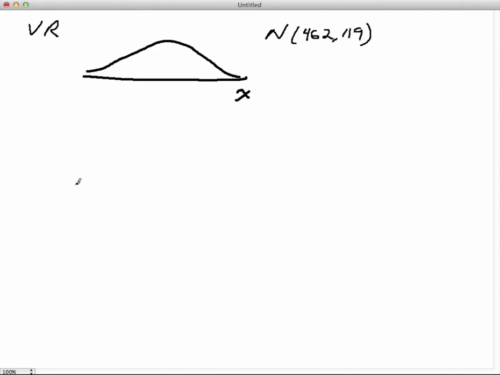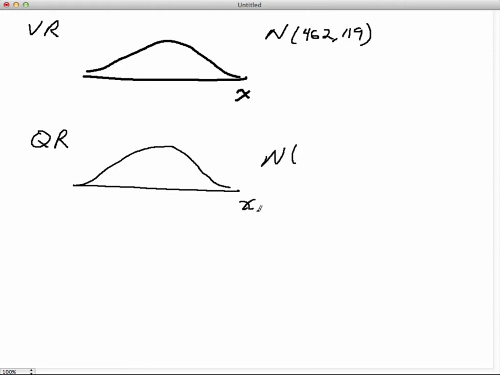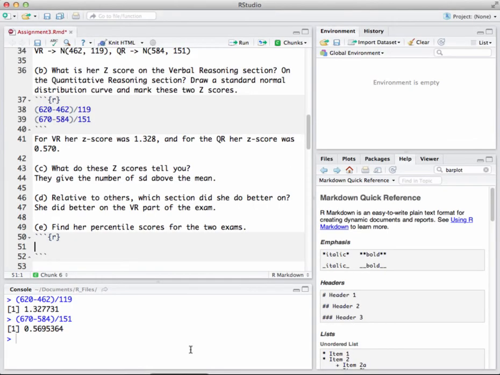And then we draw the second one, just to get it done right away, for the quantitative reasoning. Again, this is a normal distribution, and if we go back and check, the model in that one was a mean of 584 with a standard deviation of 151.